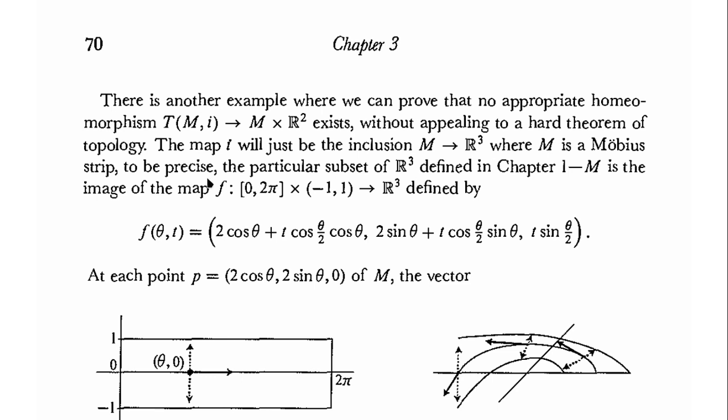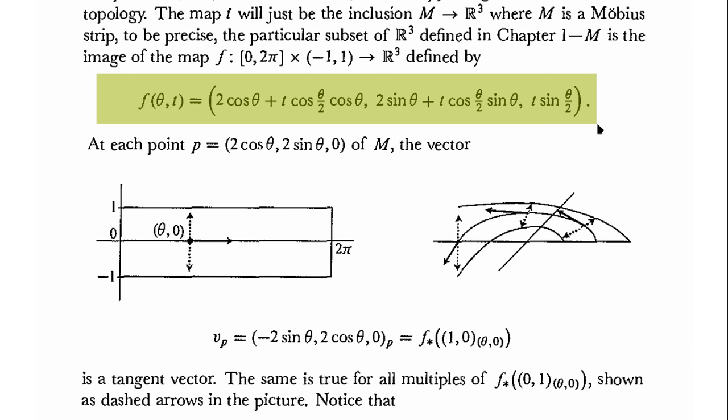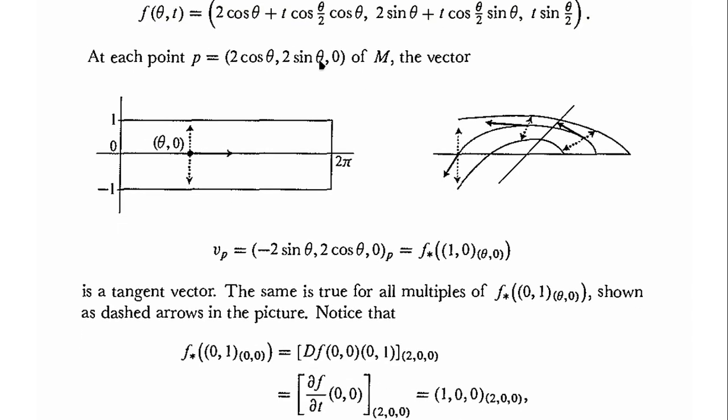So you'll have to use the Howard theorem again to show that there is an appropriate homeomorphism, but the construction is actually interesting. So you have this TM, the tangent bundle, to M cross R2, where M is your Mobius strip. The inclusion of M into R3, we know that it can't be included. We have the specific map, and at each point, right, you're moving between -1 and 1.